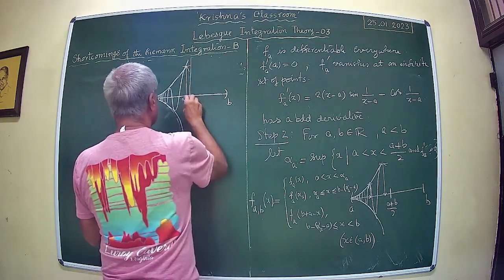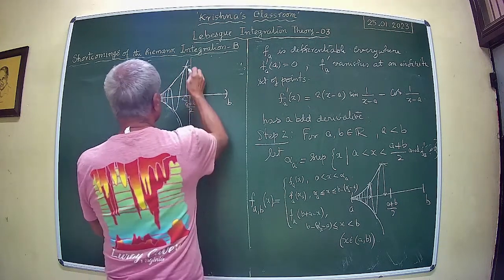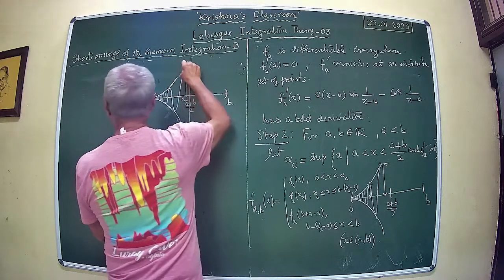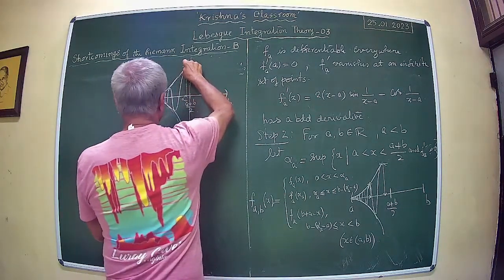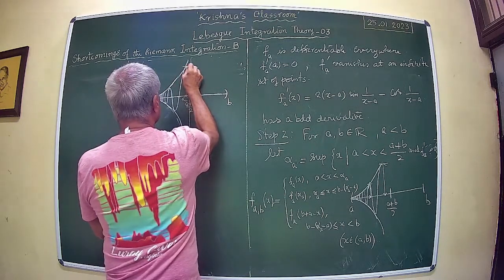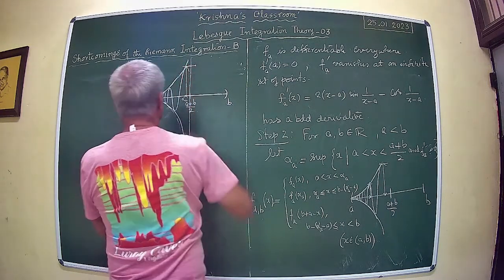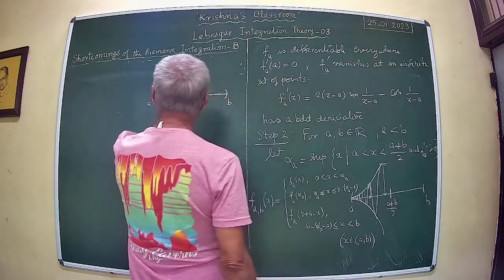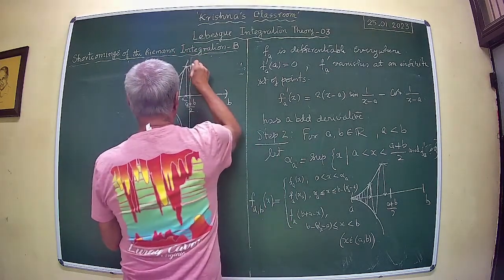And now what we do is, on this portion, you take the value of the function at alpha_a and then connect with a constant function, and then symmetrically you just take the reflection of this function.